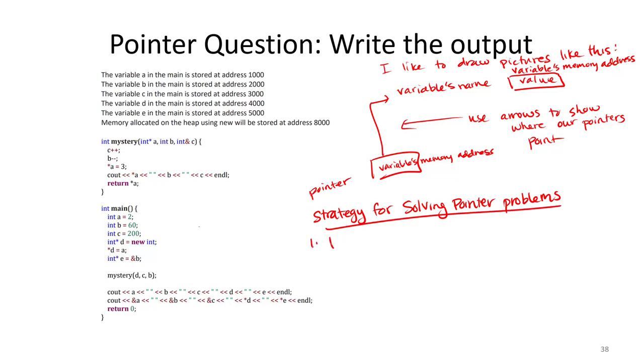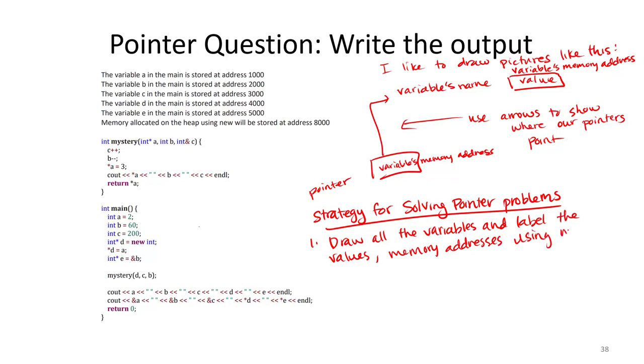First, you want to make sure you draw all the variables and label the values and memory addresses, either using my convention above or another that makes sense to you.